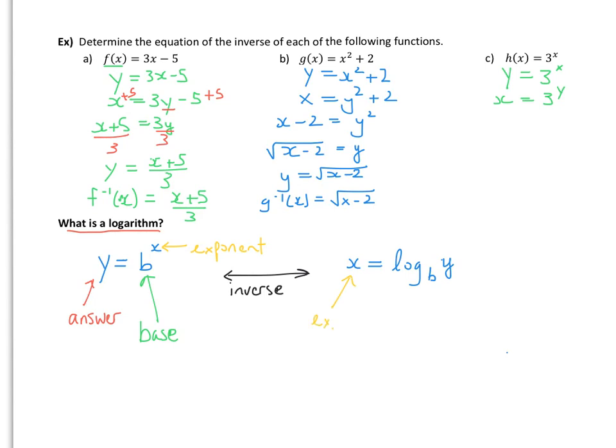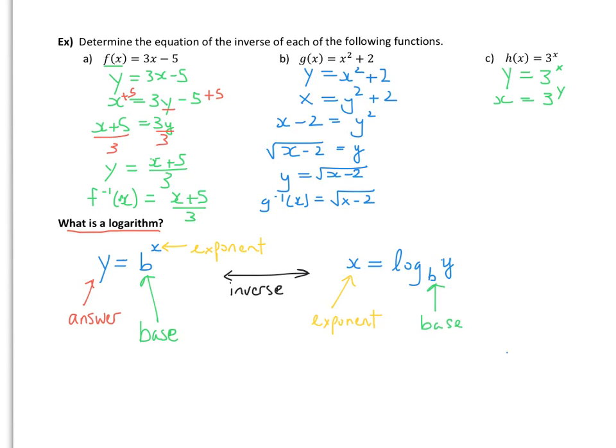So how this matches up is this now is solved for the exponent. The exponent is here, and we have this new function that is the opposite of an exponential. The b is still the base. So in my part C example, the base was 3.